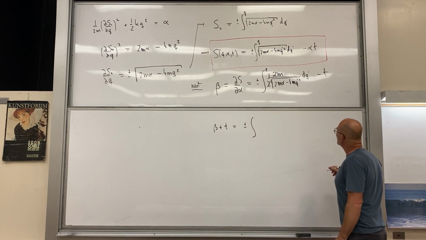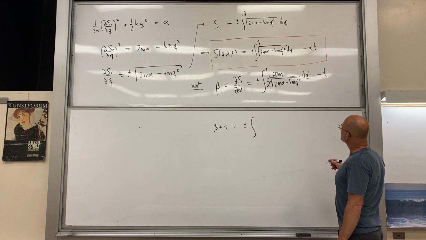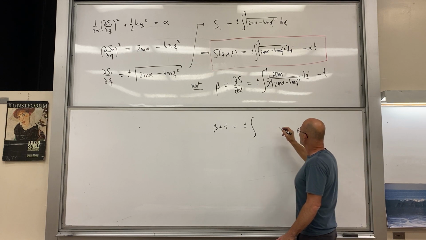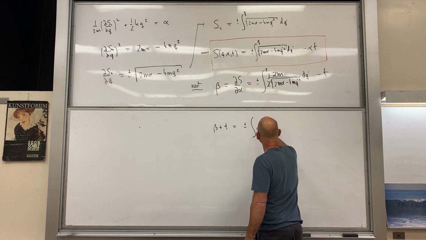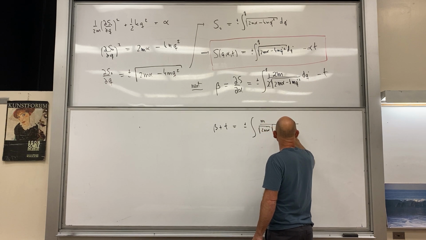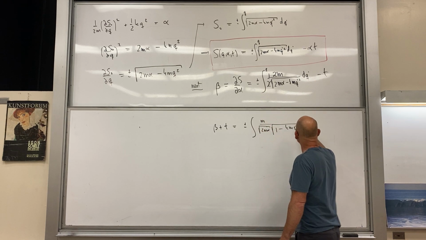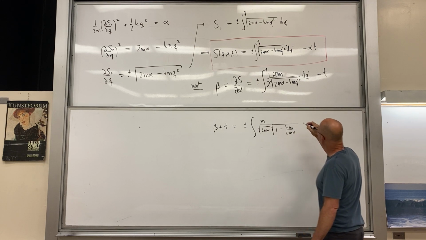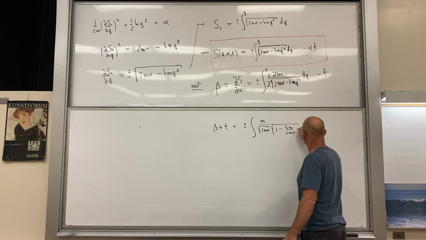Now we can simplify, but what you're going to see, let's go ahead and pull an m and a root 2m alpha out, root of 1 minus km over 2m alpha q prime squared, dq prime.